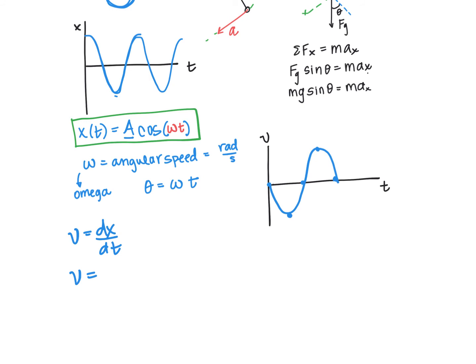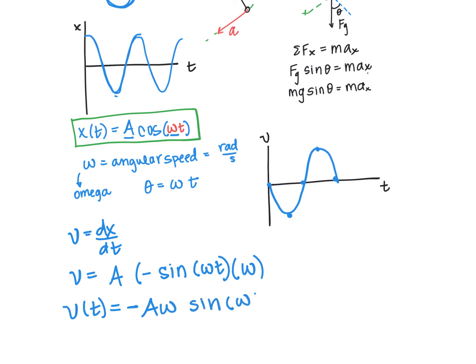The derivative of a cosine omega t would be a times the negative sine of omega t times the derivative of the argument, which would just be omega. And so the velocity with respect to time should be equal to negative a omega times the sine of omega t.